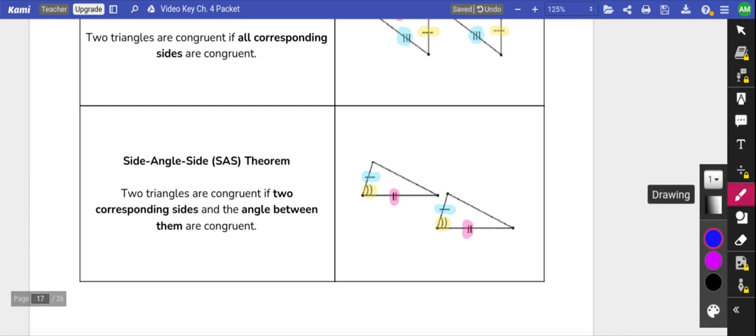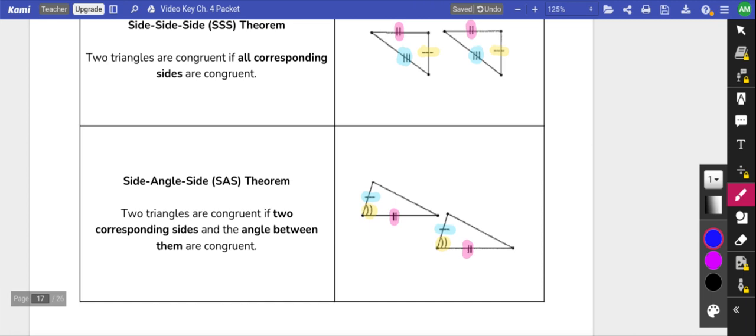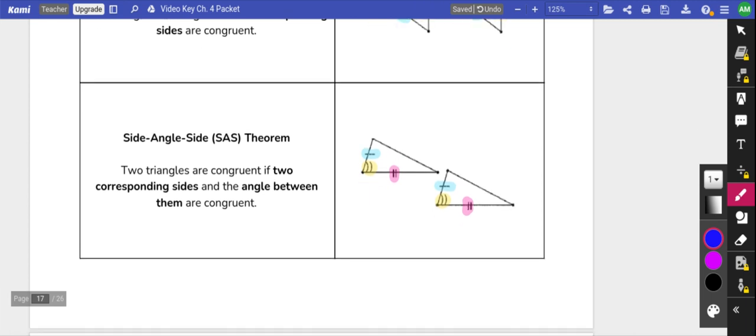When I name this, I'm going to go either clockwise or counterclockwise. It doesn't matter which way I go, but I'm going to start at something on my shape. Here's a side. Directly next to that, I have an angle that's being labeled, and next to that, I have another side. So that's why it's side angle side.